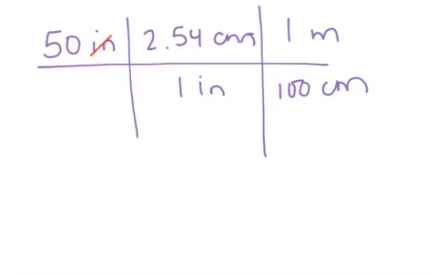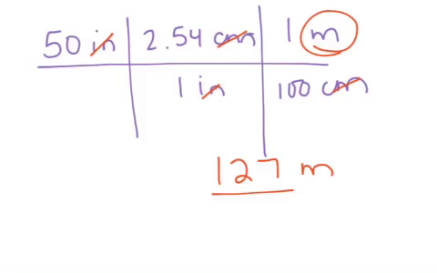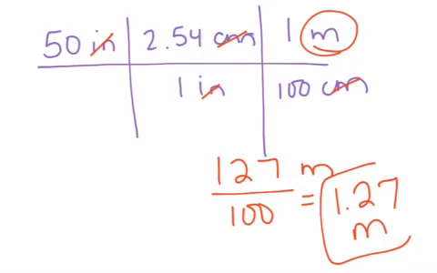And again, we want cancel, cancel, cancel, cancel, and we're left with what we want. We want to know how long it is in meters. Multiply everything up top. Of course, 50. That would give you 127 meters over 100, which equals 1.27 meters.